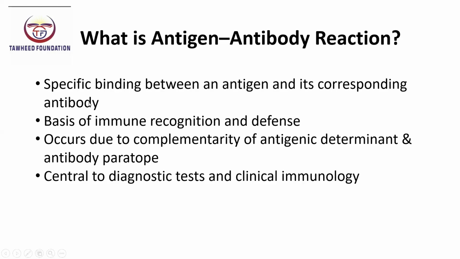So let's proceed. The antigen antibody reaction is the fundamental event in immunology where a specific antigen binds to its corresponding antibody. This interaction is the very basis of immune recognition and defense in our body. Every antigen has certain unique parts called antigenic determinants or epitopes, and antibodies have specific regions known as paratopes.